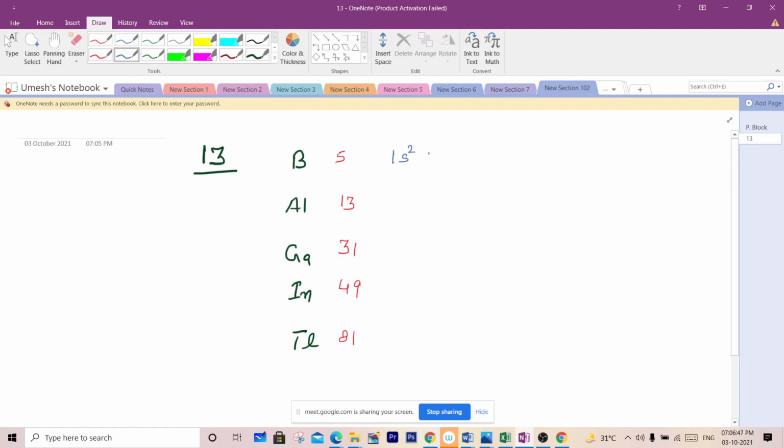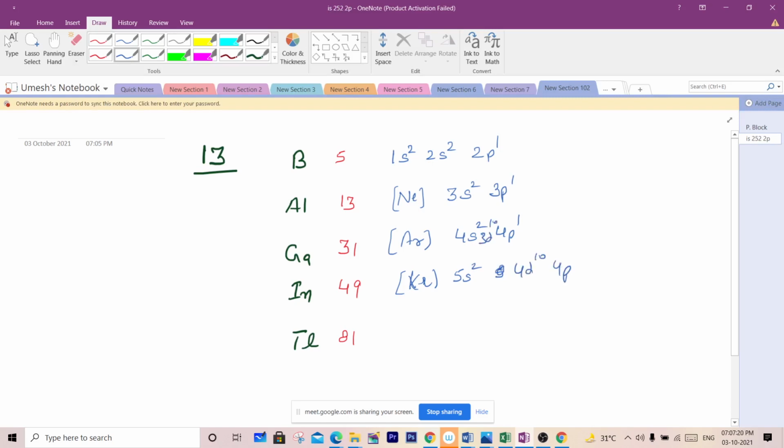Electronic configuration: 1s2, 2s2, 2p1, which is neon complete, then 3s2, 3p1, argon complete, 4s2, 4p1. Then we have krypton complete, 5s2, here we have 3d10 also, 4d10, 5p1. Xenon complete, 6s2, 4f14, 5d10, and 6p1.